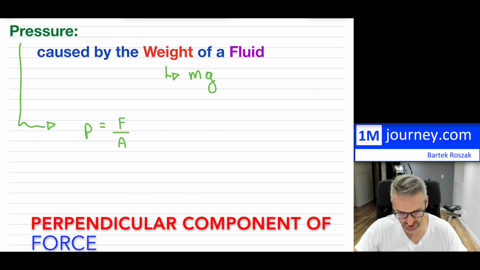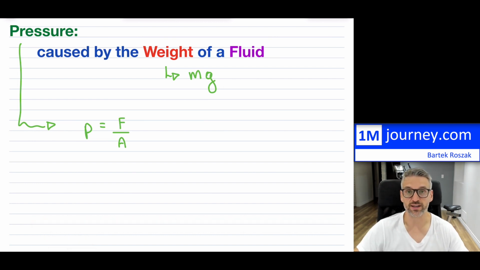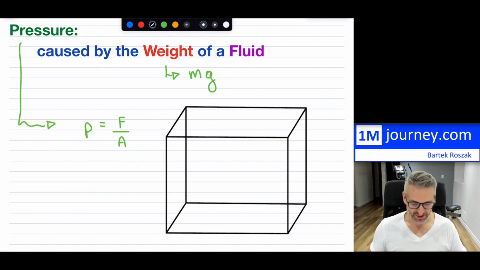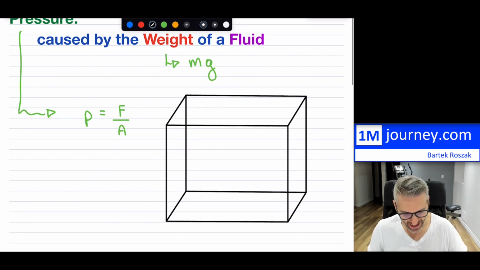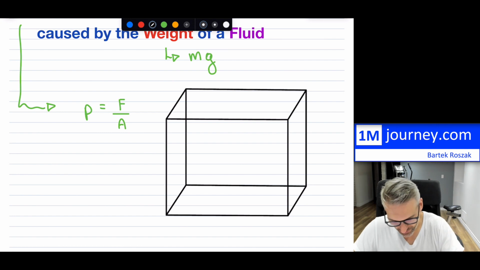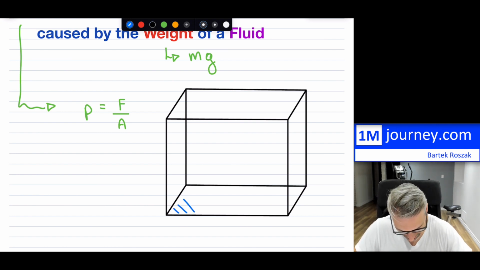And now if you take an actual solid, and let's assume that it's maybe a rectangular prism of some kind, voila, there it is. Let's imagine that this is just a solid, and we wanted to find out the pressure that is being exerted by the entire weight of that solid.